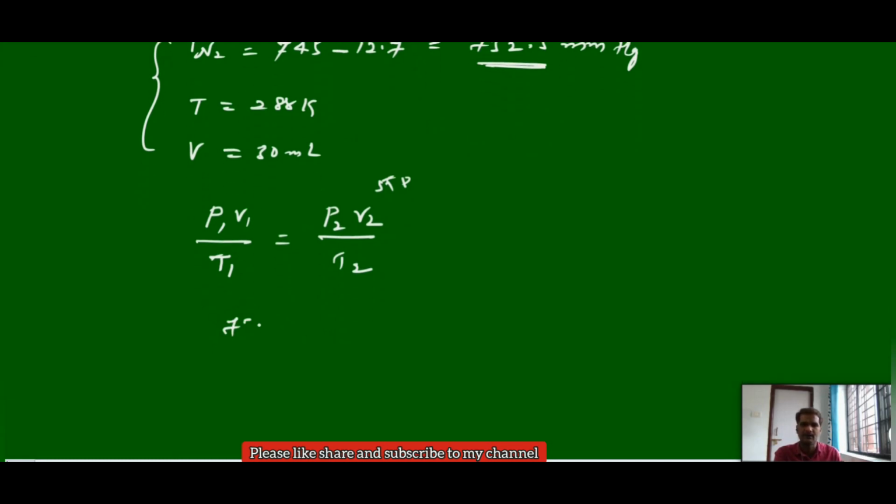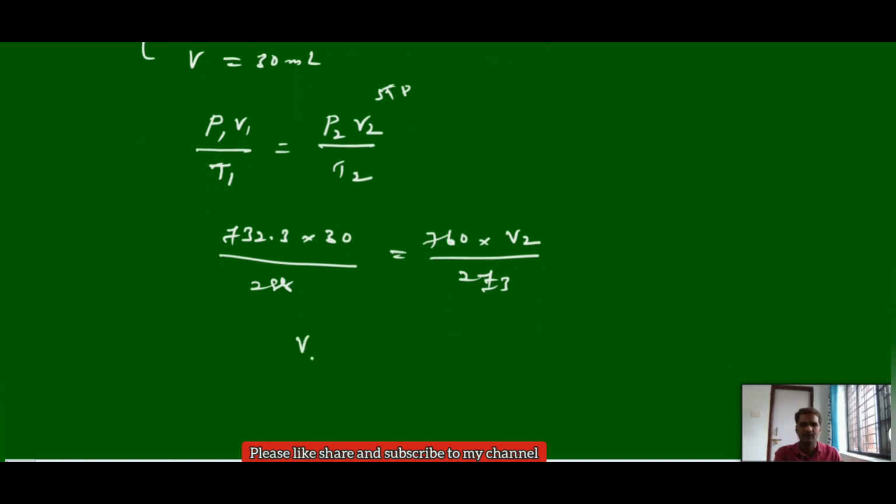P1 732.3, volume is given 30 ml, by temperature 288 is equal to pressure 760 mm, volume V2, temperature 273. From this you can calculate volume of nitrogen at STP condition. If you simplify this, you will get 27.4 ml. Now we have the volume of nitrogen at STP condition.